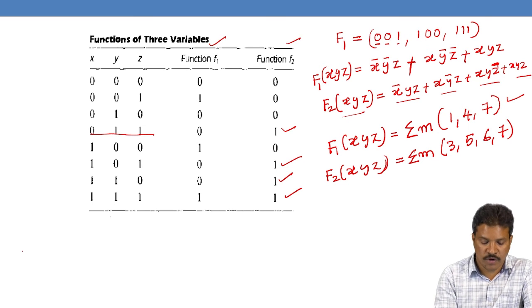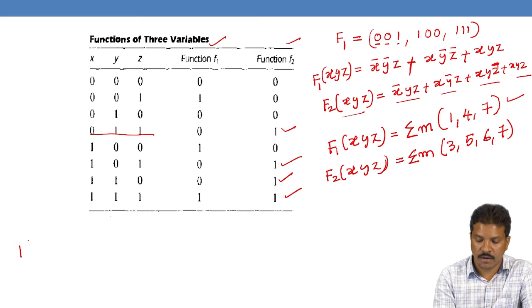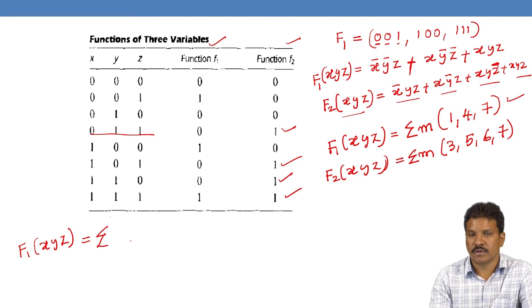Once f1 is equal to sigma m 1, 4, 7, in a similar way f1 is represented in maxterms of x y z. The maxterms mean the remaining values of the minterms. What are the remaining values for this Boolean function?